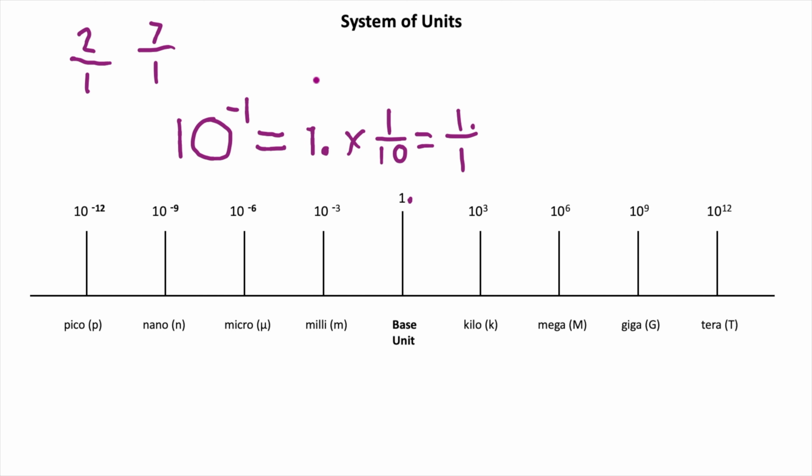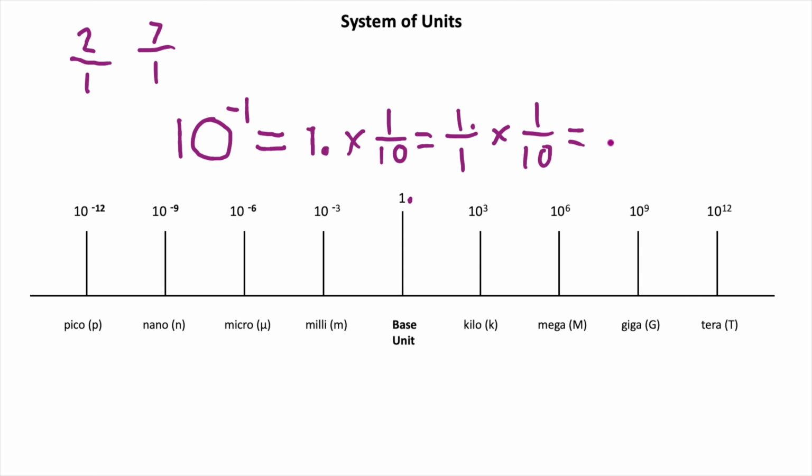Okay? So we have our 1 point, or our base unit, in the numerator here on the top, and we have our 1 in the denominator, and we're going to multiply this by 1 over 10, which is our 10 to the negative 1. This is what that expresses here.